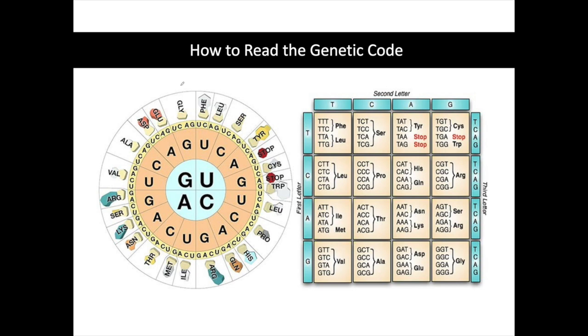So on the left here, we are looking at our codon wheel or table. And if I have a codon that is, let's say, UGC, UGC encodes for cysteine, or CYS.